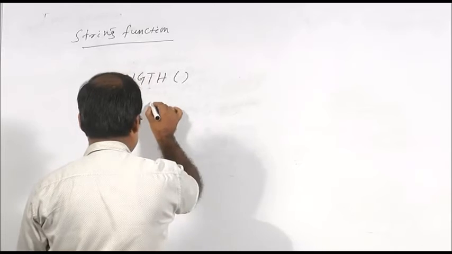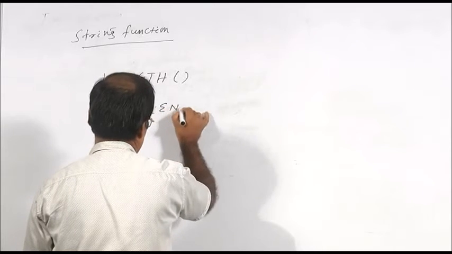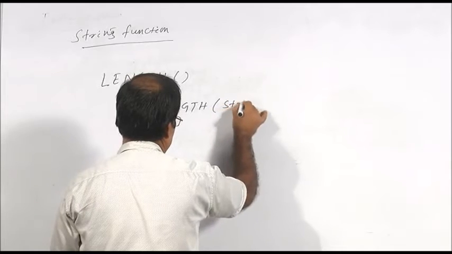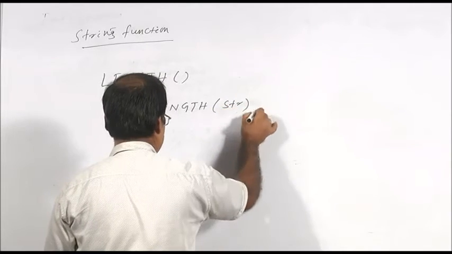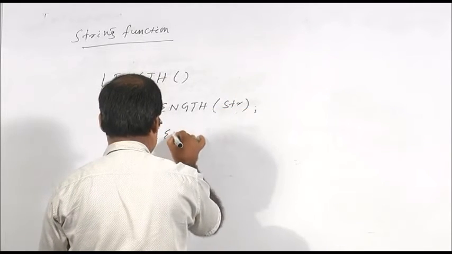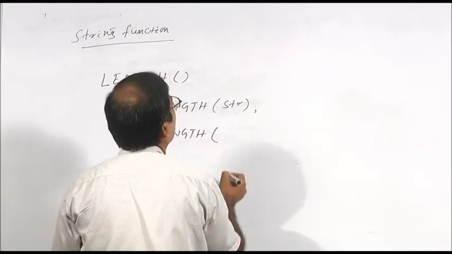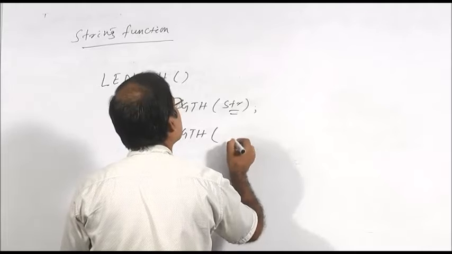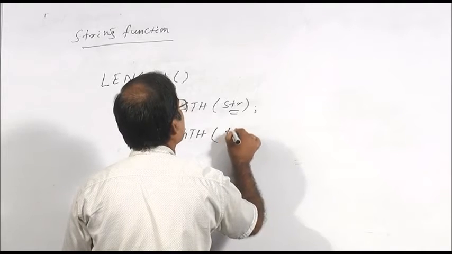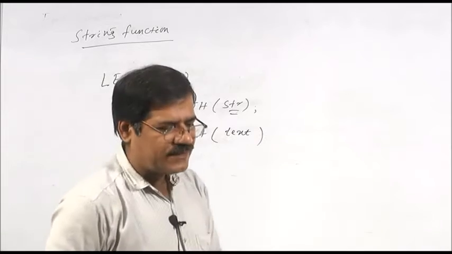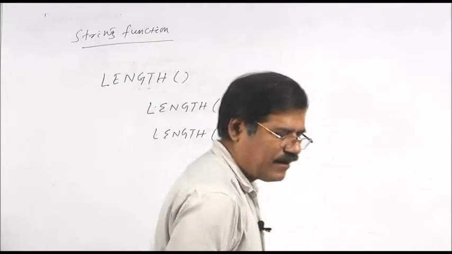Suppose I write length, and then you write the string. In place of the string, suppose the string is text. So what is the total length of that particular string?